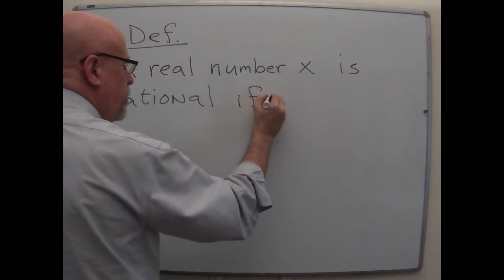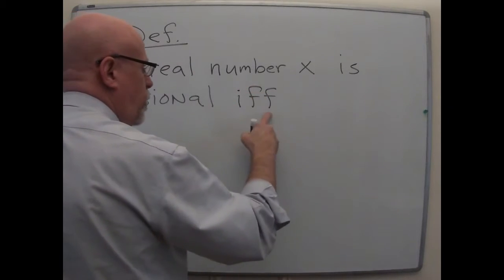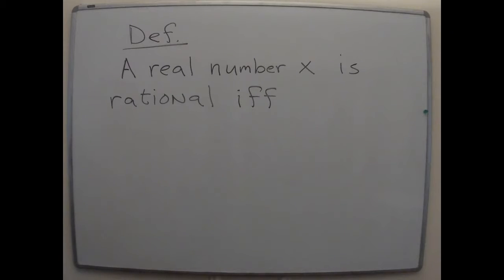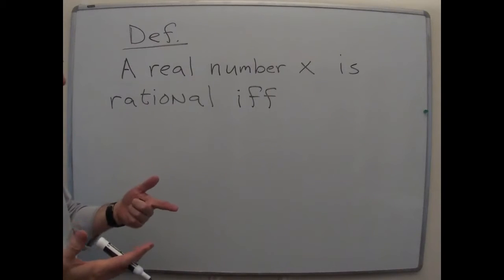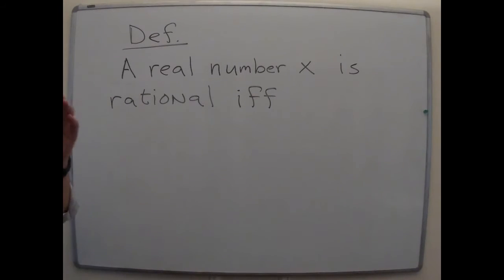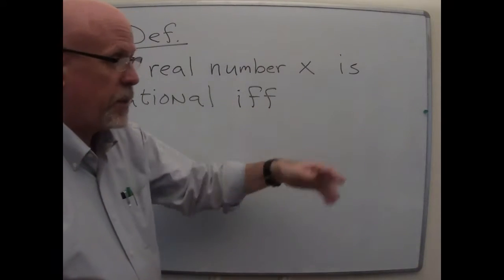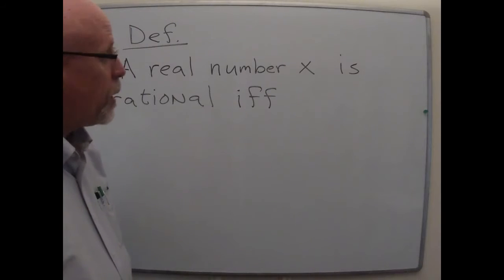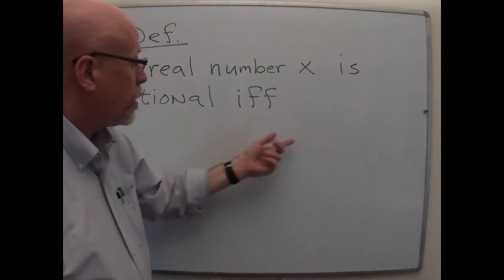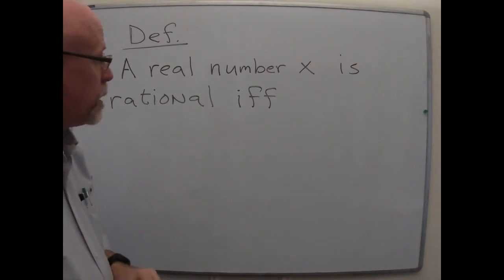Well, it's an if and only if condition, so this is typical of all definitions, that they're if and only if statements, because, like I just sketched, you're going to need to use the definition in two ways. One, to convert from abstract terminology, like saying x is rational, to something concrete. And a second time where you go from the concrete back to the abstract.